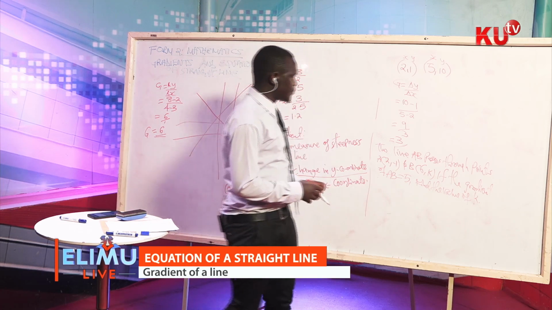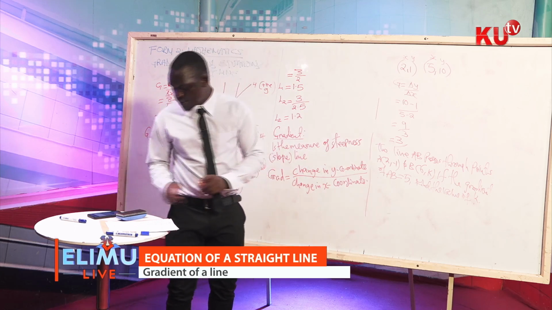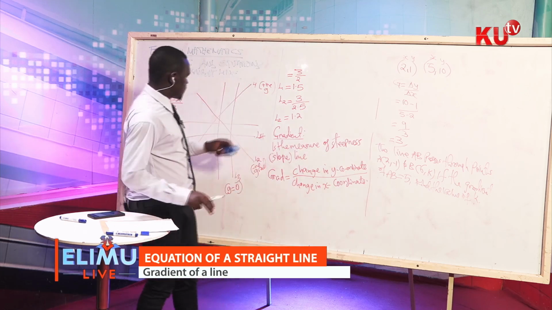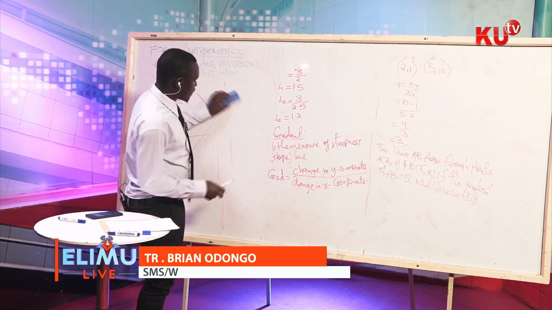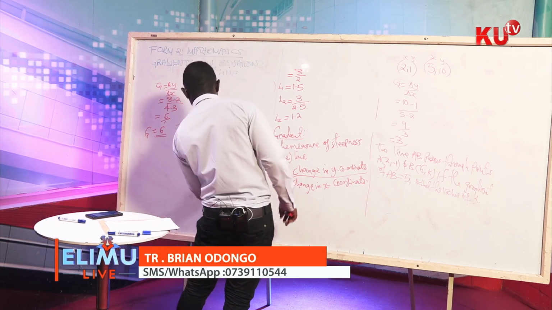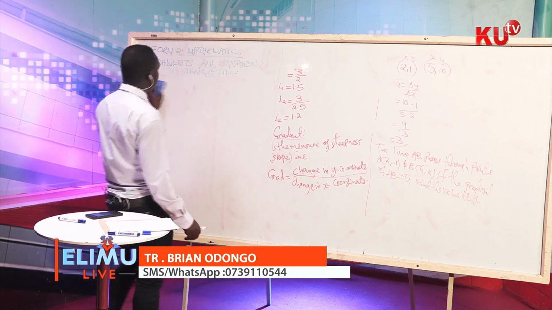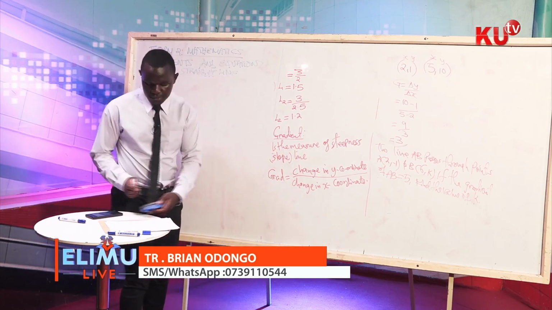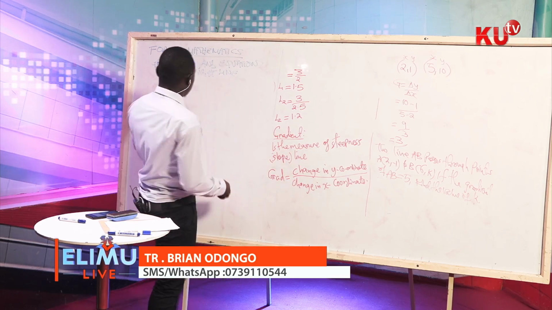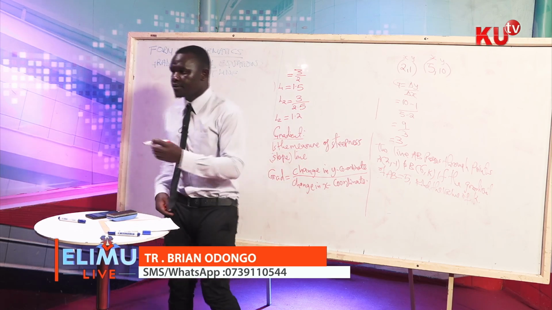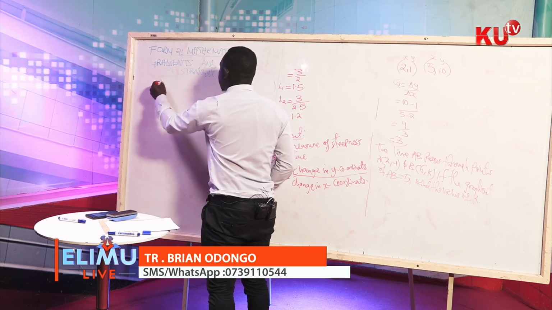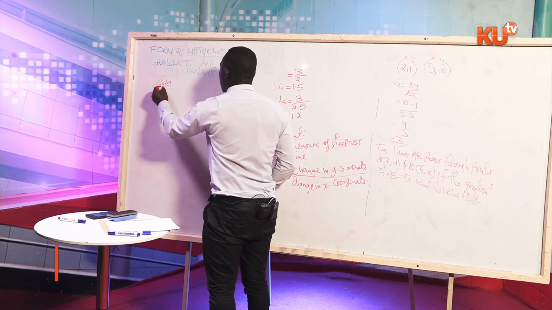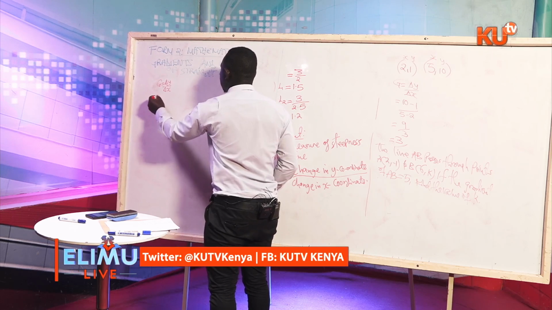Under the solution, I want to work it out as our second last example of the subtopic of the day. Remember that we've said gradient equals change in y over change in x.